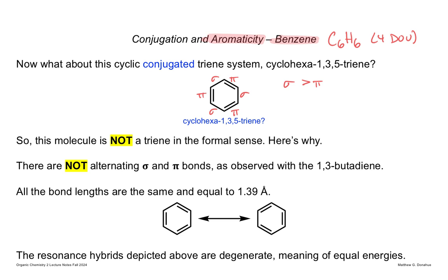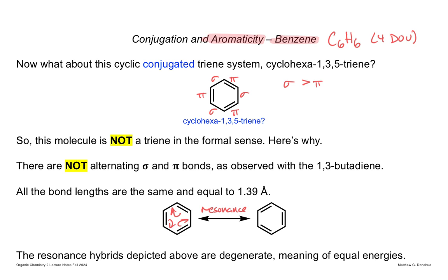And so this next fact here, it says all the bond lengths are the same and equal to 1.39 angstroms. In the relationship between these two structures, there's our resonance arrow. And it's sort of subtle, but each of these pi bonds is migrating.